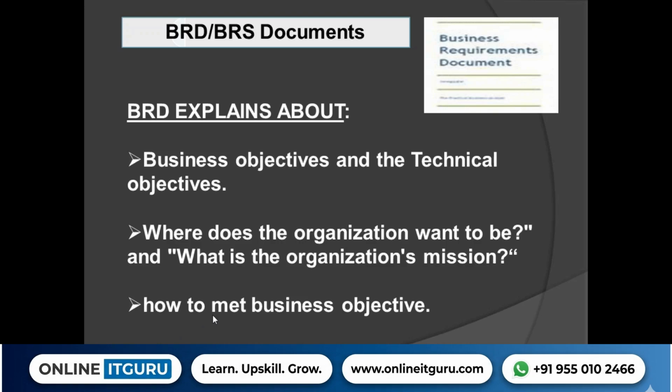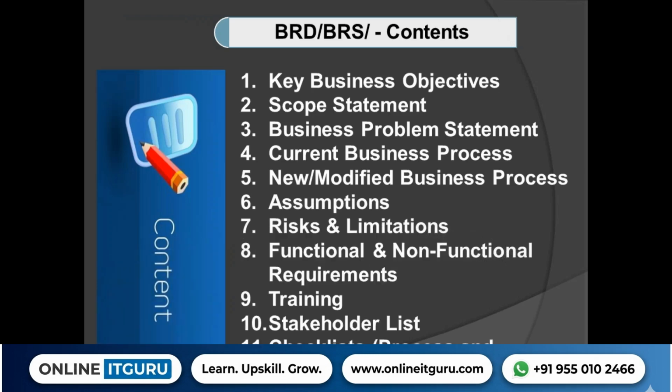Just like the SRS document, the BRD document also has some contents. Remember, the SRS document is prepared for implementation projects, that is new projects, and the BRD document we prepare for enhancement and migration projects. To prepare a BRD document, you should know the current process and the future process.